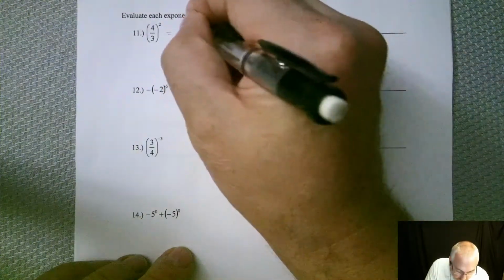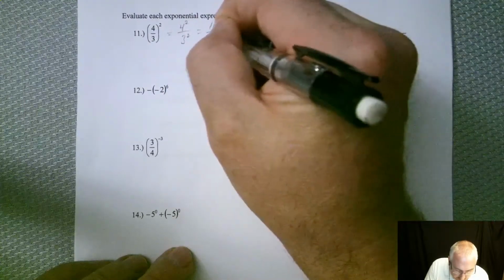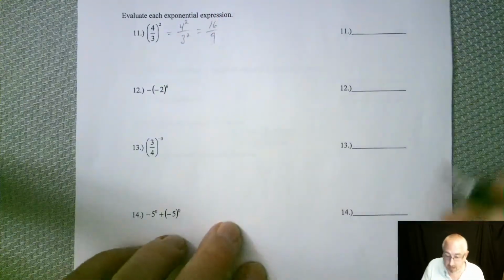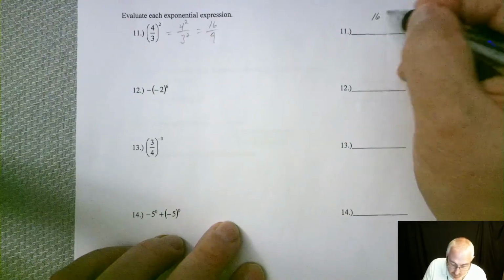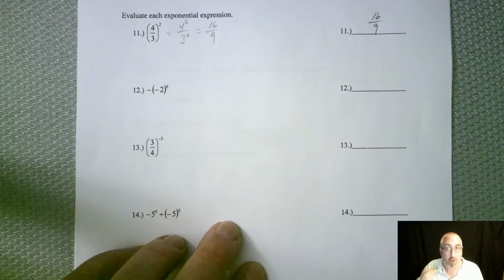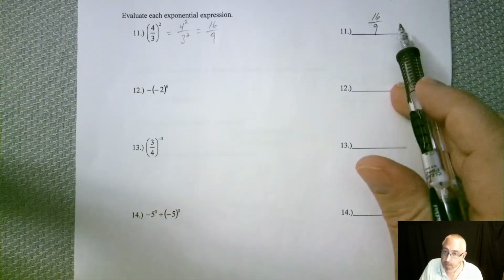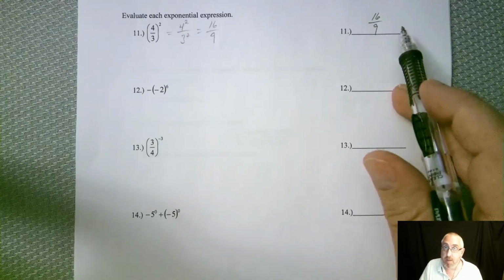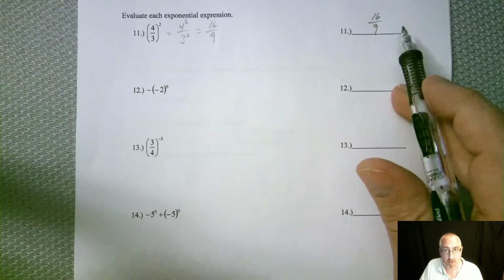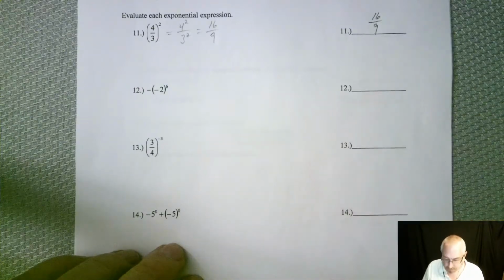So we got 4 to the second over 3 to the second. So that would just be 16 over 9. Now it doesn't say anything about writing it as a mixed number, so you should be fine to leave it as an improper fraction. But again, read the directions, especially in the My Math Lab. They're very picky, you know. So, but that is going to be your answer.